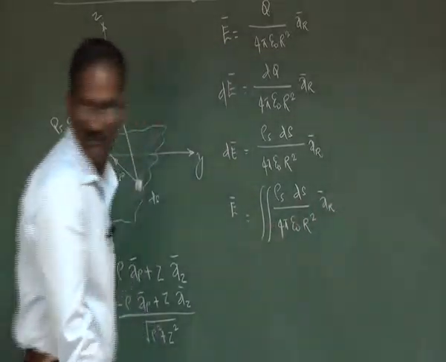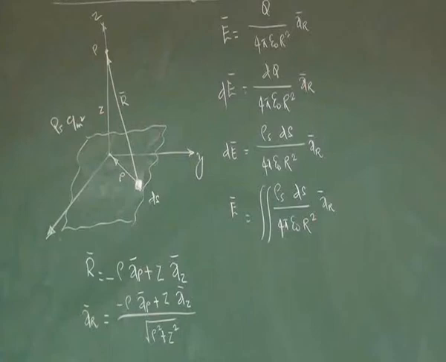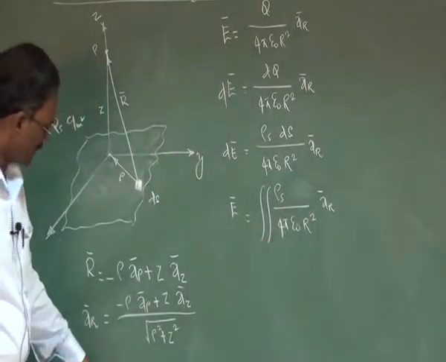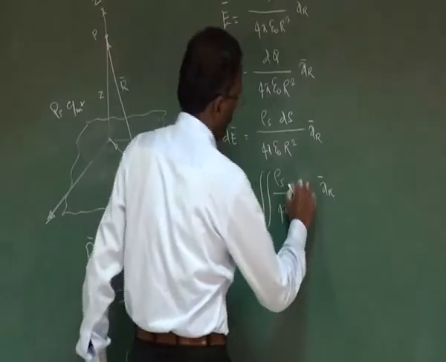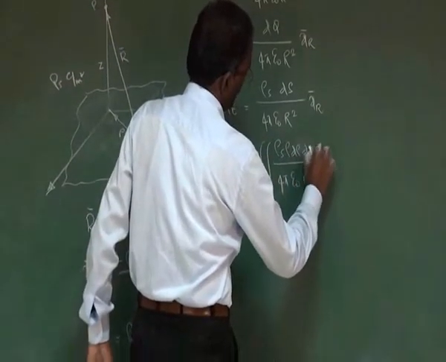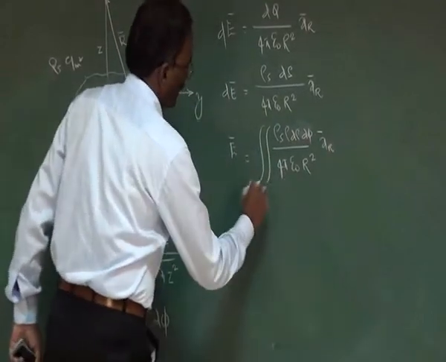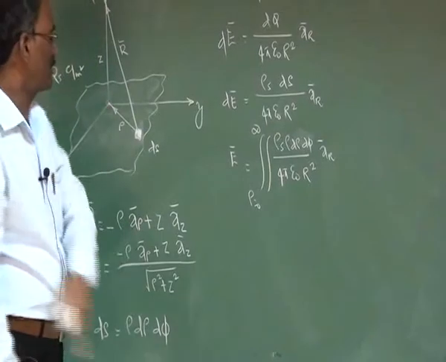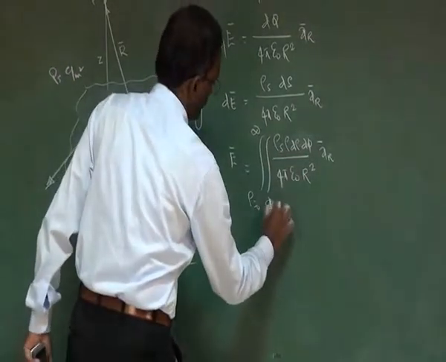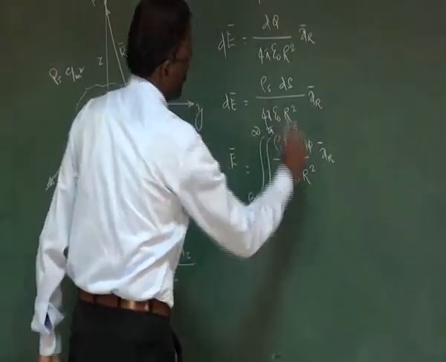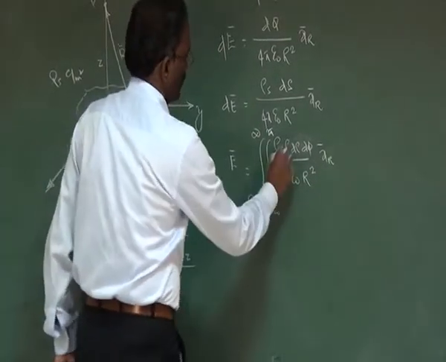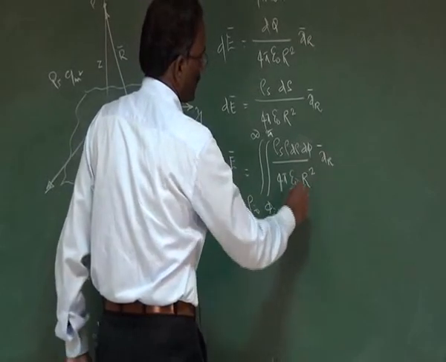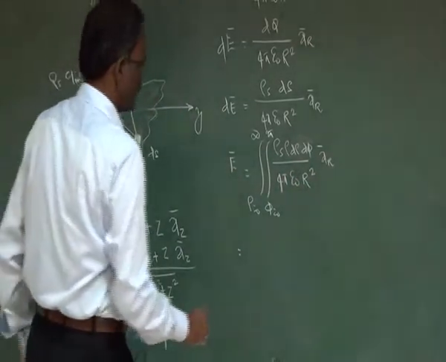This ds, now I can replace with the components I have calculated. ds is equal to rho d rho d phi. So rho value is 0 to infinity, phi value is 0 to 2 pi. Rho is not a constant. 4 pi epsilon r square value from here I will substitute.